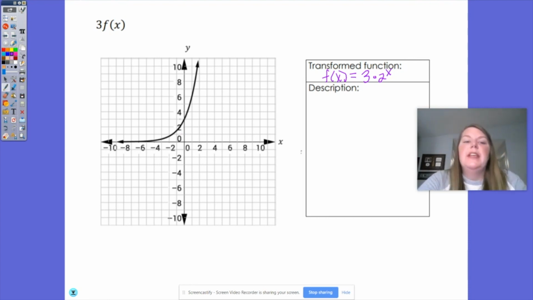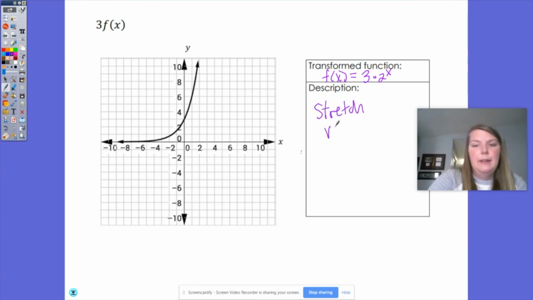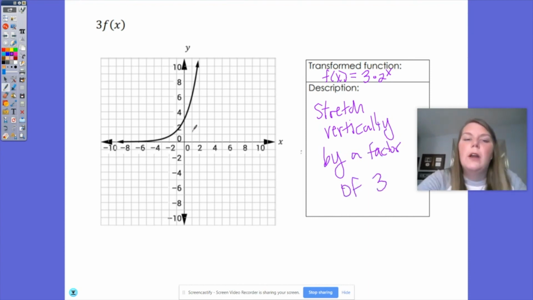So what this is doing is this is now stretching this graph. It is going to stretch it vertically specifically by a factor of 3. And remember, at our 1, 2 was a point on the 2 to the x graph. Now it's 1, 6. So it's multiplying that y value by 3.